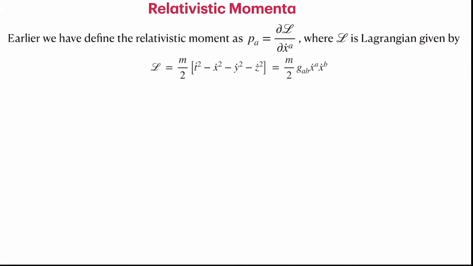Now L is defined as m/2 (ṫ² − ẋ² − ẏ² − ż²), or m/2 g_AB ẋ^A ẋ^B. I have also added m and half.